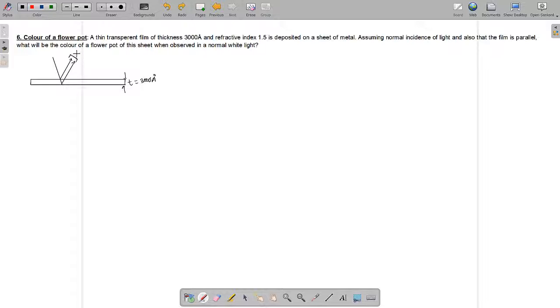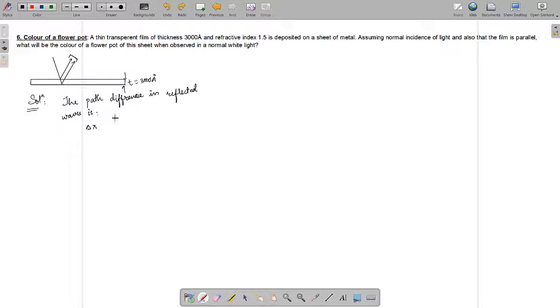Alright, so let's see, if these two waves interfere, then the path difference in reflected light is given by delta x, which will be the path difference between this wave and this wave.